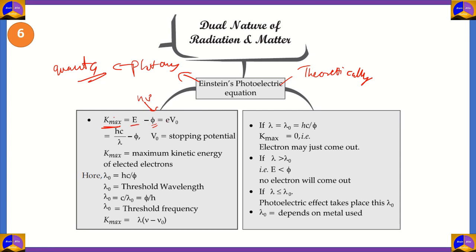So maximum kinetic energy, which we can represent as eV0, is the difference between the total energy supplied to the electron and the work function. This we can write as h times nu minus nu naught, because the work function phi can be written as h nu naught.